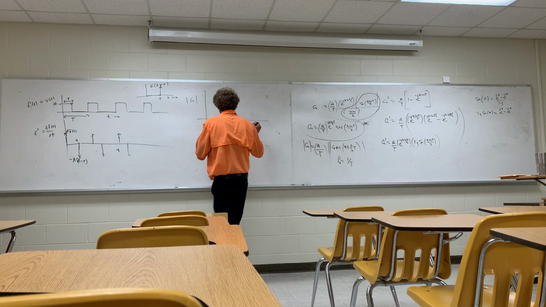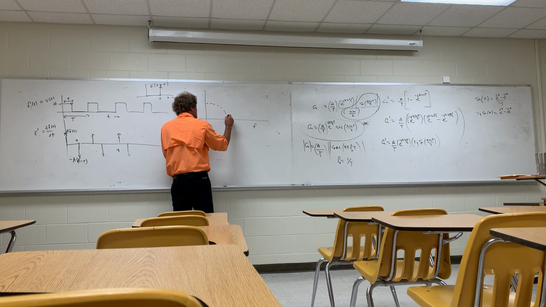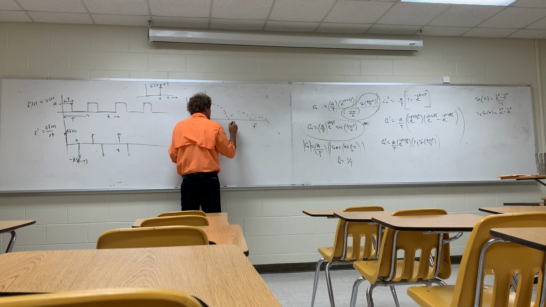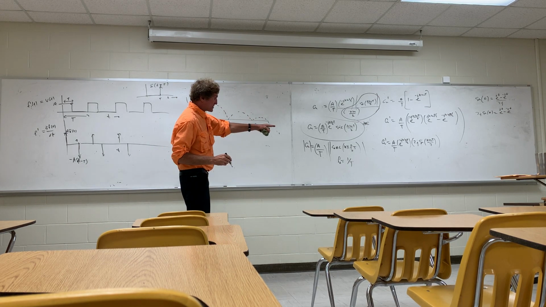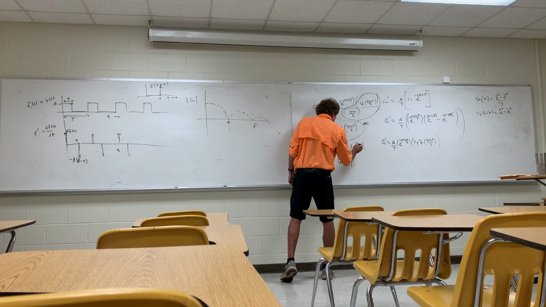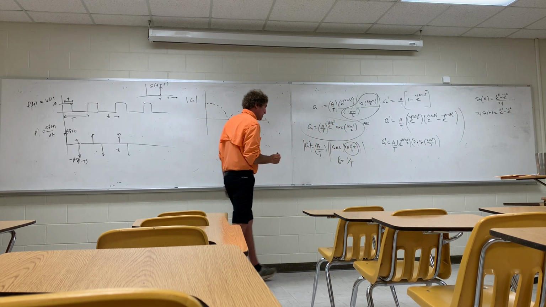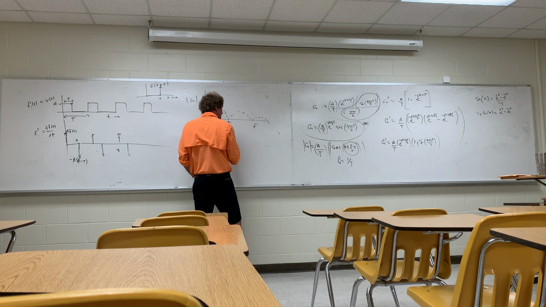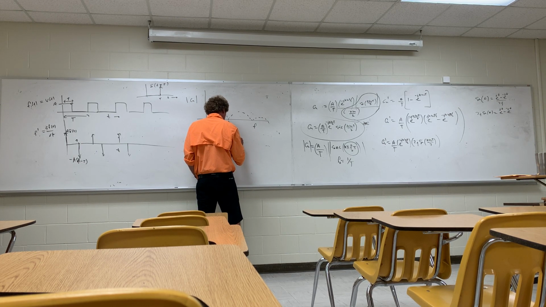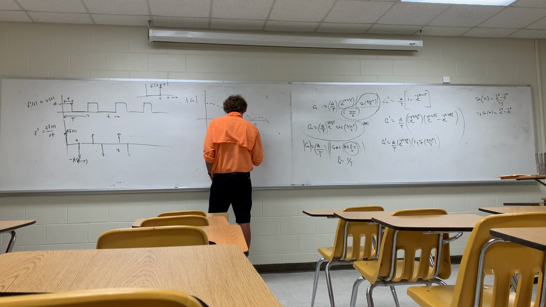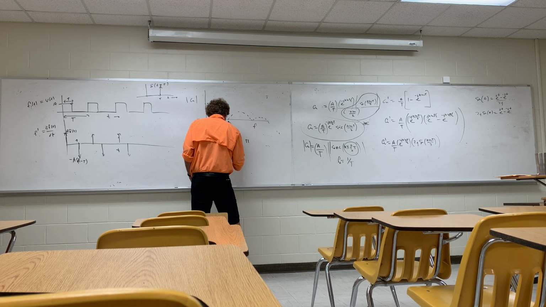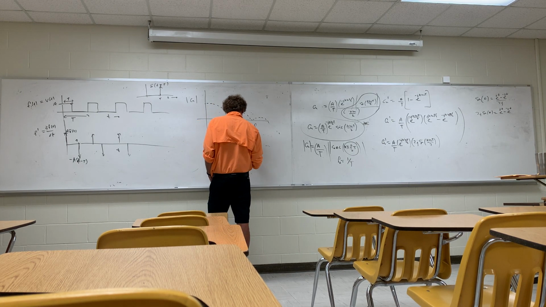If I plot this, I know the sinc function is going to look like this in terms of the magnitude. And I know where the first zero is, right there. That's where this argument is equal to pi. The first zero will be when n times pi times f naught times tau equals pi, or when n f naught is going to be equal to 1 over tau.